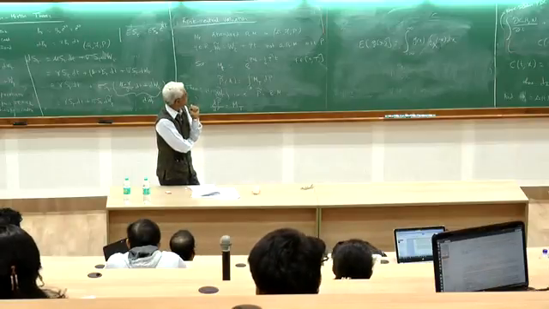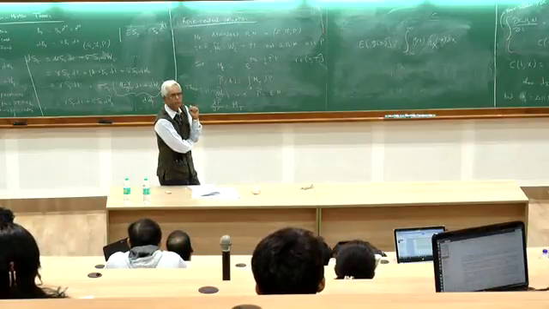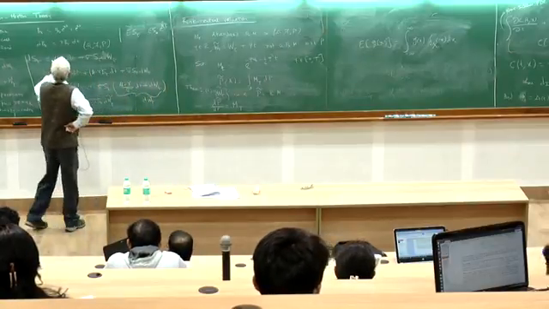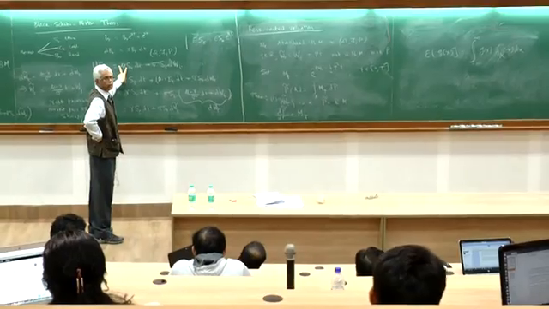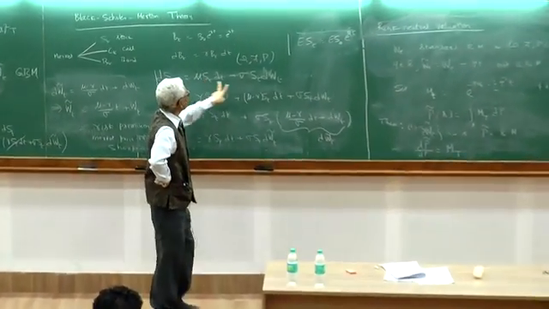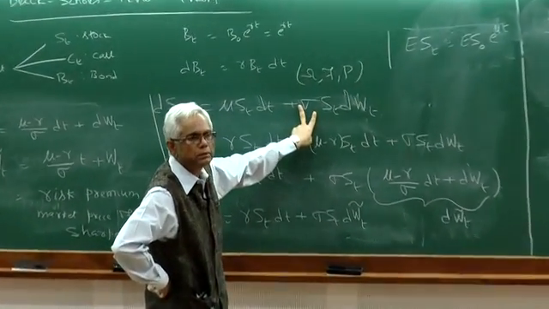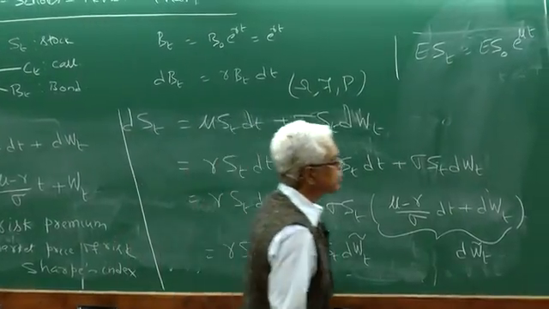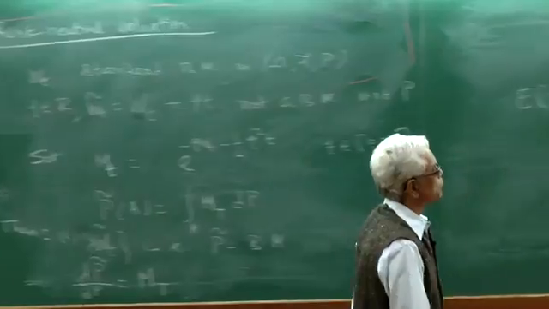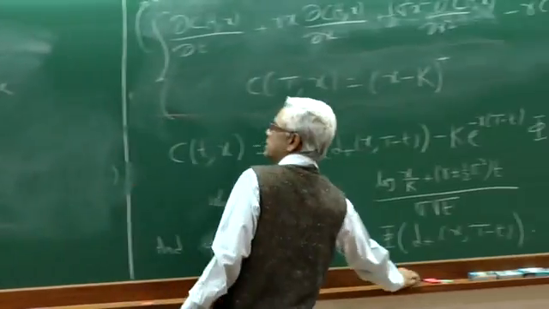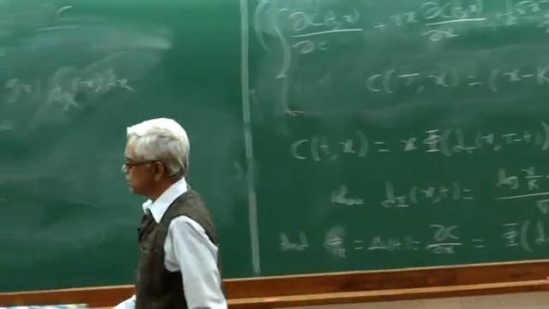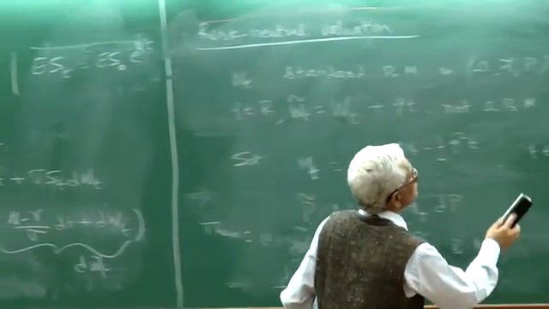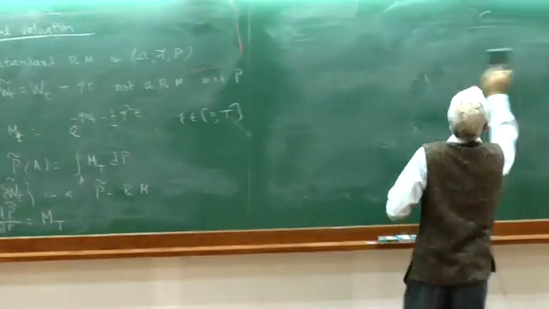Now there are many generalizations possible, right? What are the generalizations possible? You can have mu dependent on time t. You can have sigma dependent on time t. Then there will be no problem. So you have calculated an option price, right? Here the option price is, remember the option price.